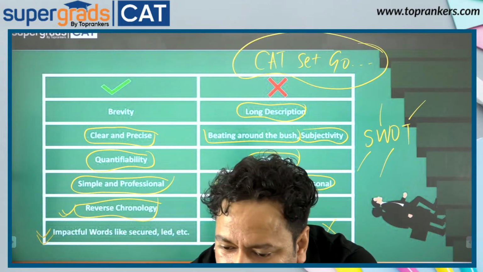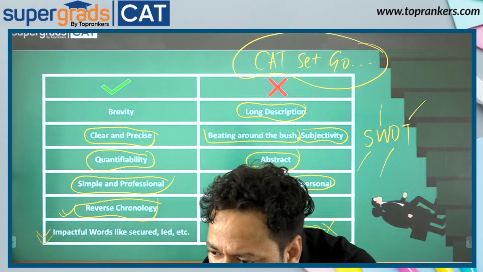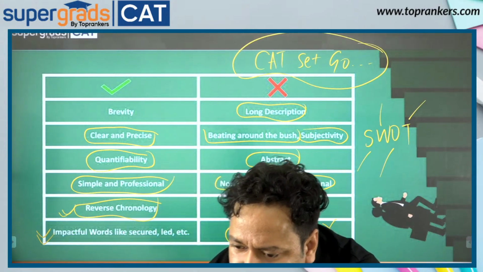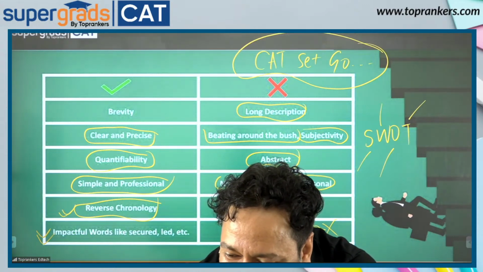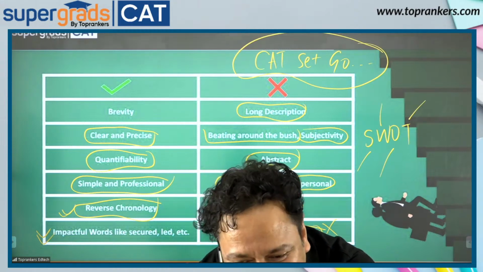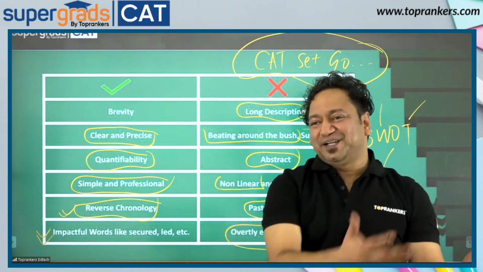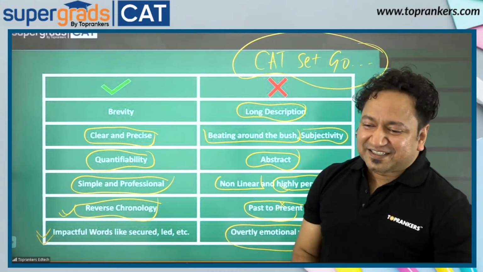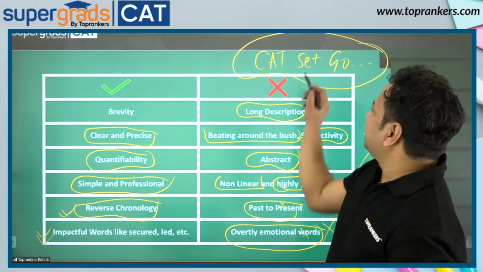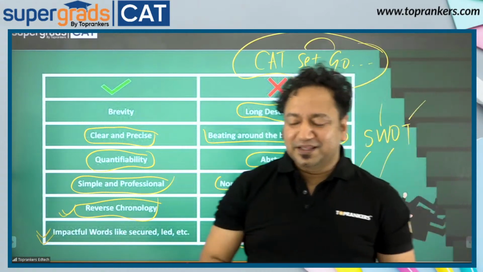Cool. So I hope we are clear about this, and the name is catchy and amazing. Sundaram, is that so? Thank you. Cat Set Go, yeah, it is a kind of old adage, Get Set Go. So Cat Set Go is that. By the way, SNG is for super grads.